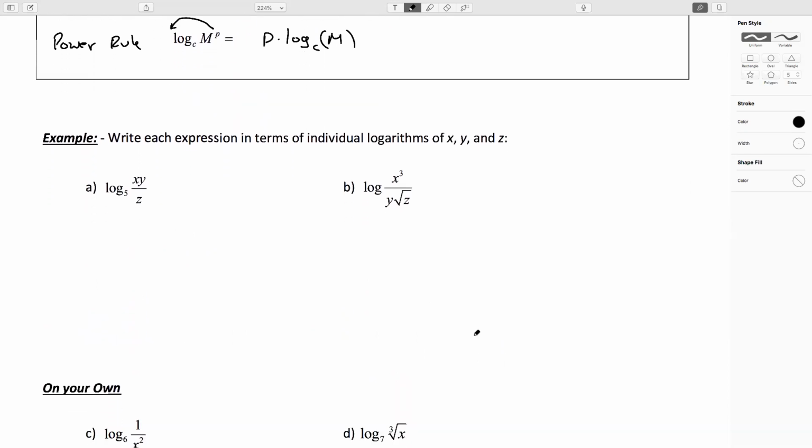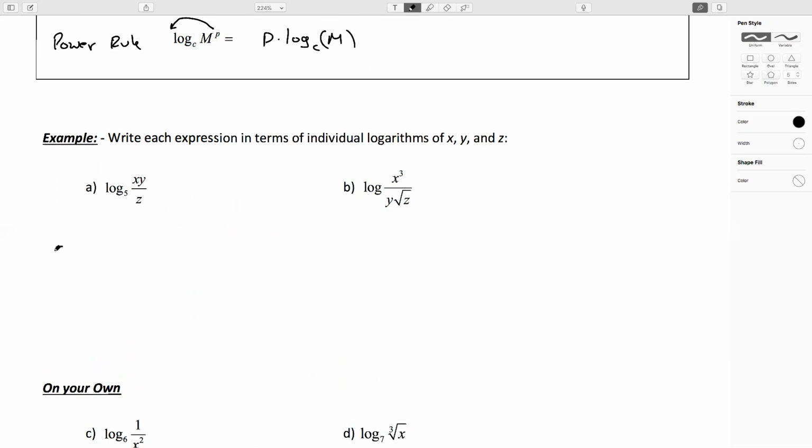All right, write each expression in terms of individual logarithms x, y, and z. So now we're going to get to put this all together. The log is base 5, so they're all going to be base 5. Now, we can take anything that's being multiplied together and just add those logarithms. And when something is being divided, we're going to subtract that logarithm. So in this case, x times y are going to be log of x plus log of y, and then when we divide z, we have to subtract it.